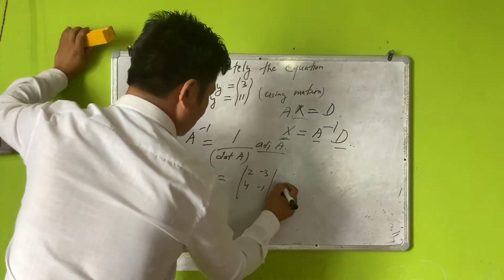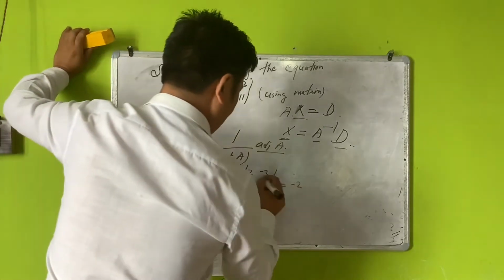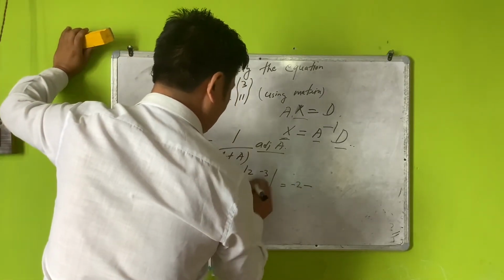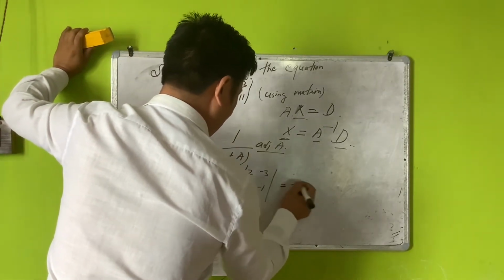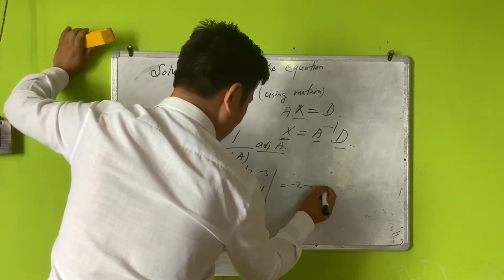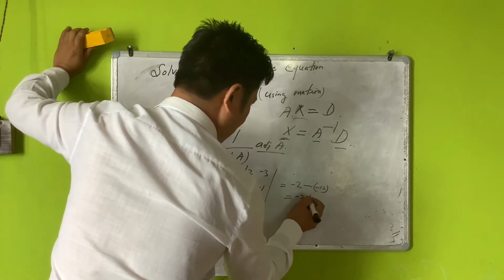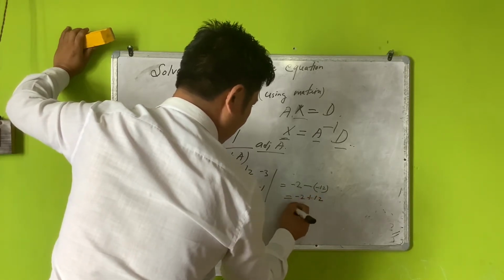2 times -1 is -2, right? Minus, by the formula, 3 into 4 is 12, so it will be -2 + 12, which is 10.